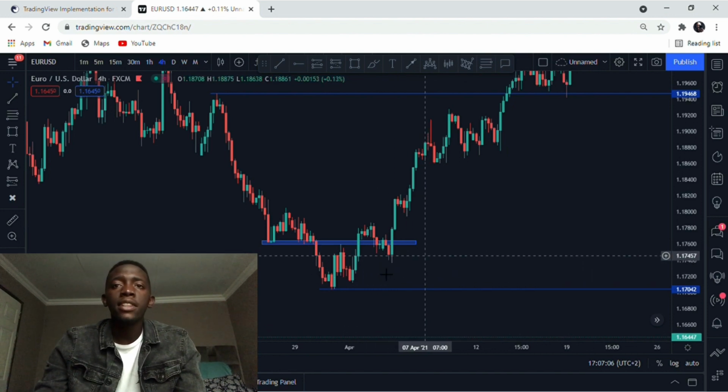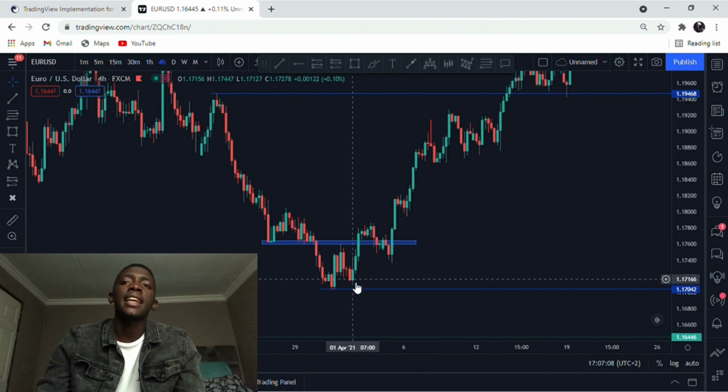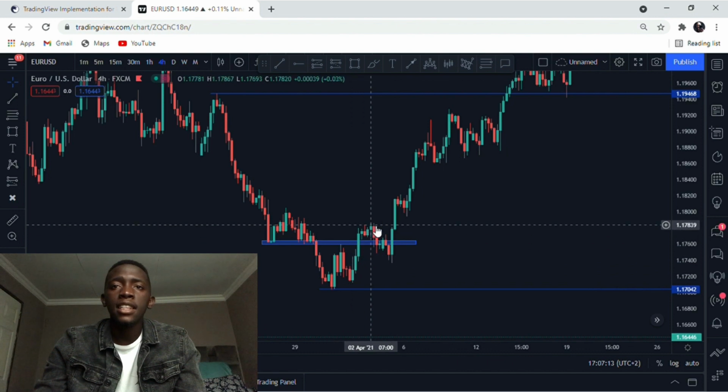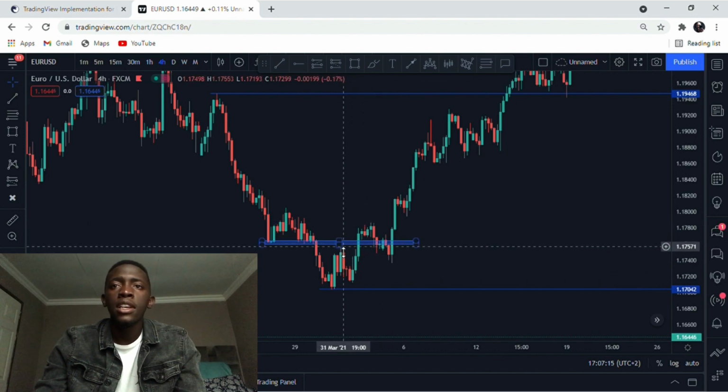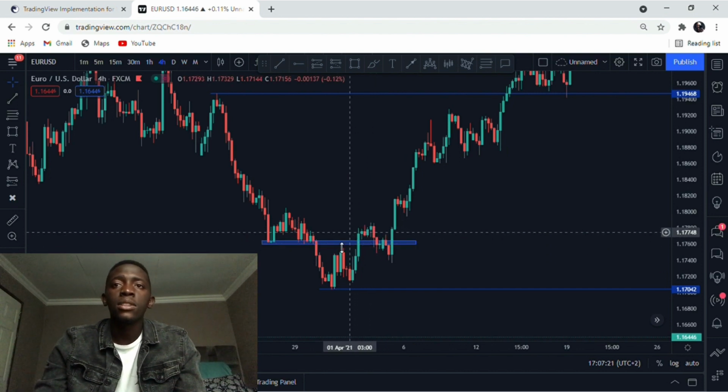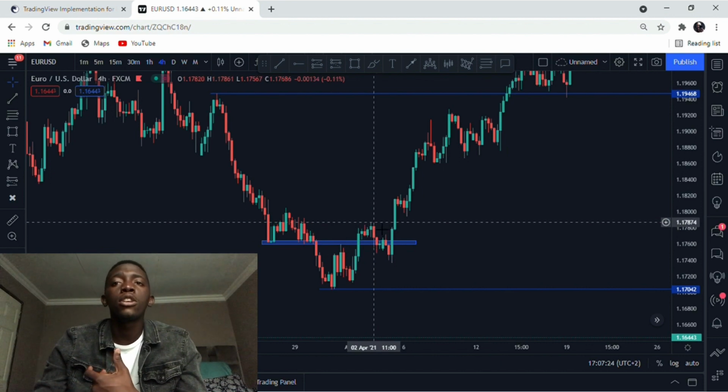Obviously after getting the higher low, I was expecting a higher high, and then we obviously got the higher high. As you can see, this was our previous low, and this was our previous high. We had this high here, which was higher than the previous high. So this indicated that we might still be going to the upside.